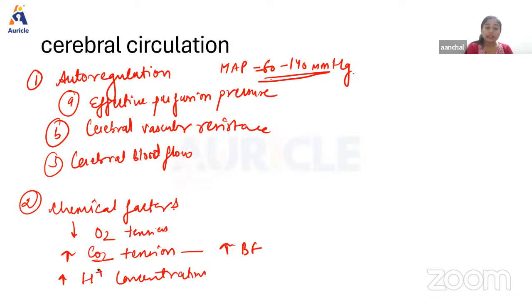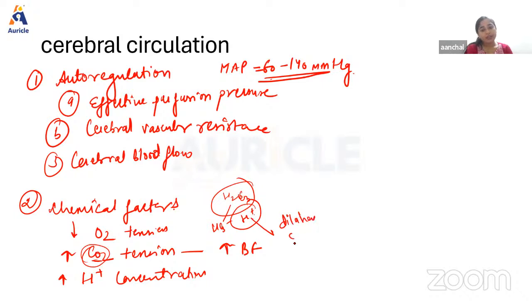Okay, at that time the CO2 will combine with water to form carbonic acid, and as we know, carbonic acid H2CO3 is an unstable product, so it will immediately dissociate into bicarbonate and hydrogen ion. So the hydrogen ion is responsible for causing the dilation of blood vessels in the brain.